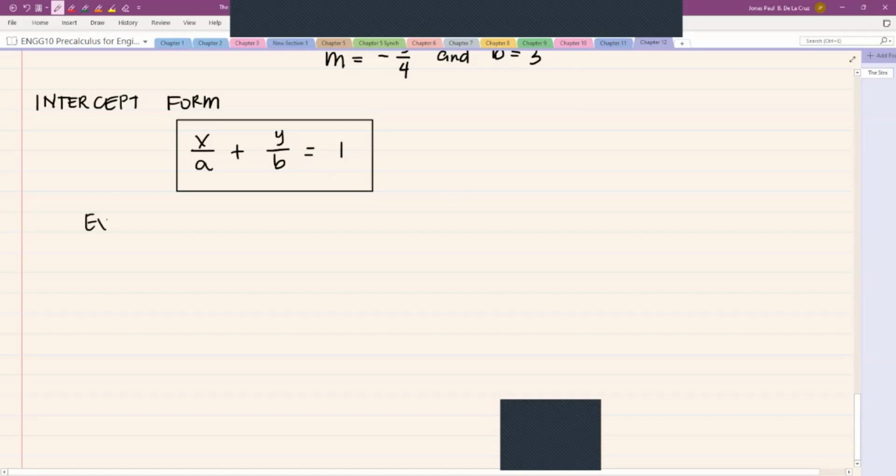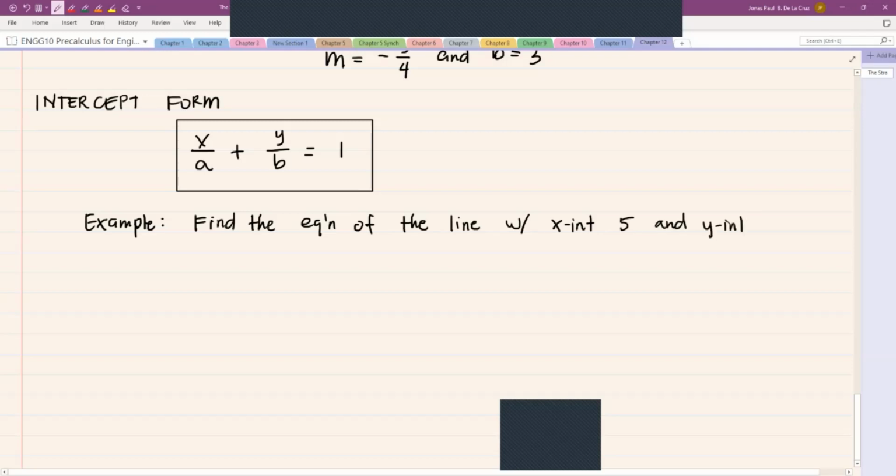Okay, example. Find the equation of the line with x-intercept 5 and y-intercept negative 4.